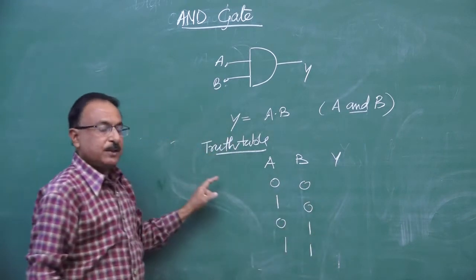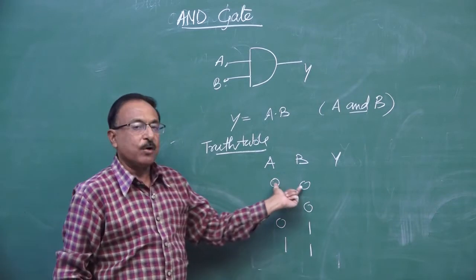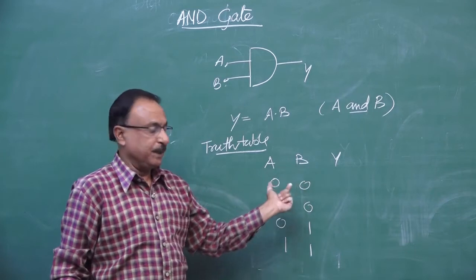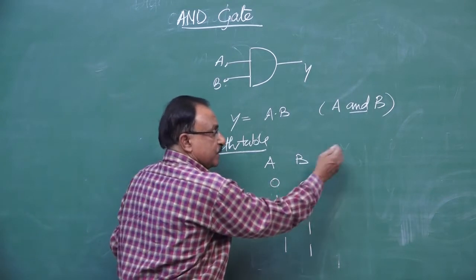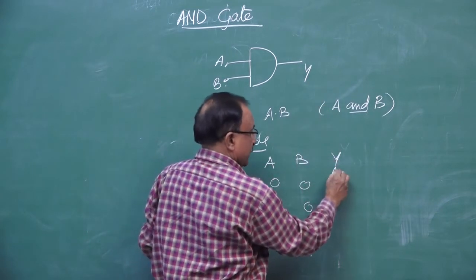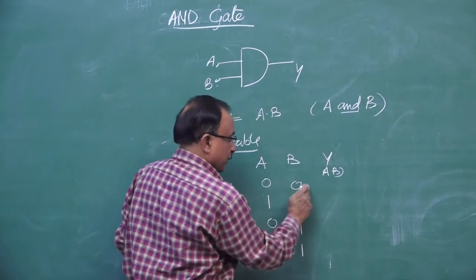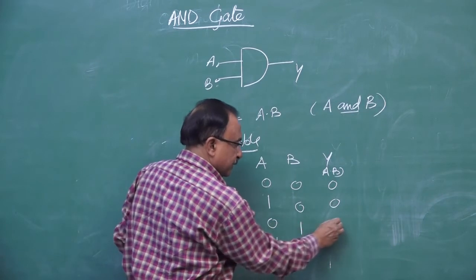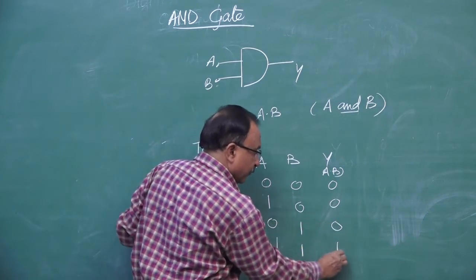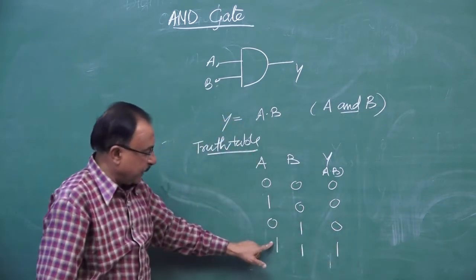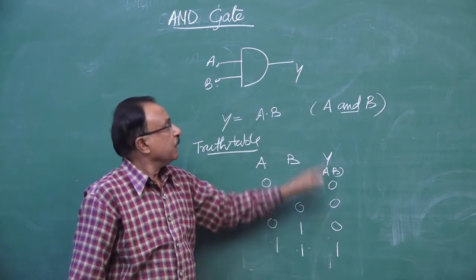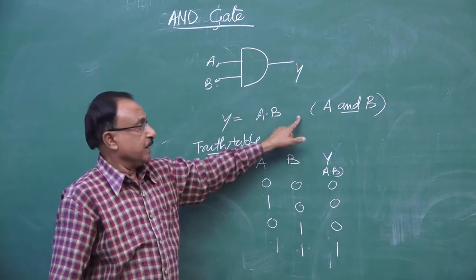If you write in two columns in this way, then you get all possible combinations of 0 and 1 for A and B. Now, what is Y? What is the output? Output is A into B. 0 into 0, 0. 1 into 0, 0. 0 into 1, 0. 1 into 1, 1. So it gives output when A and B both are at 1. So that's why it is called the AND gate.